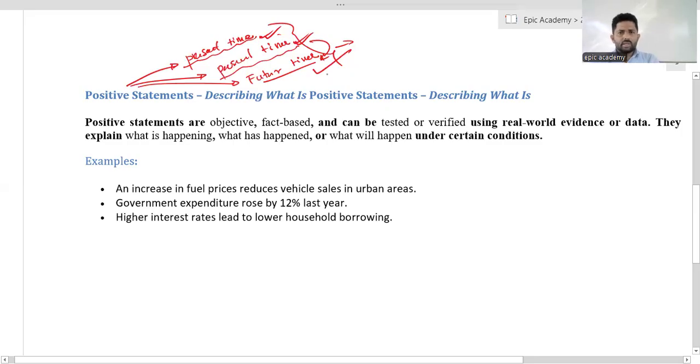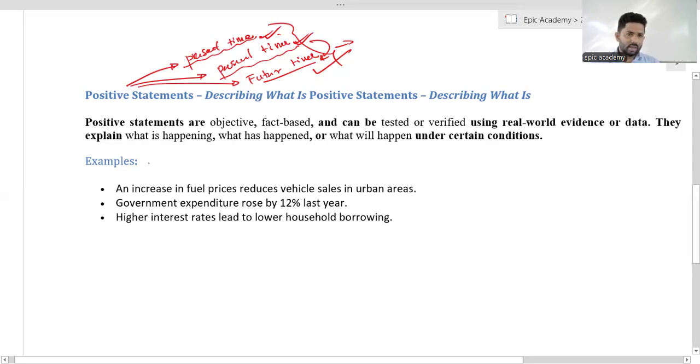That is why we say you can verify it, you can test it. They explain what is happening, what has happened, and what will happen under a certain condition. The condition is created by the past and present time periods, and then you can imagine what will happen in the future. That is the technique behind that kind of statement.